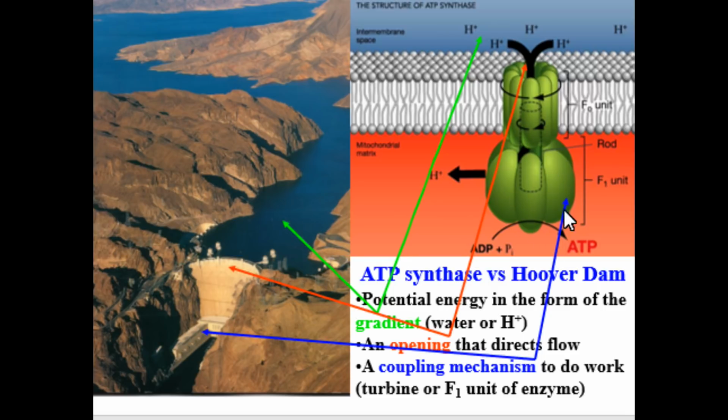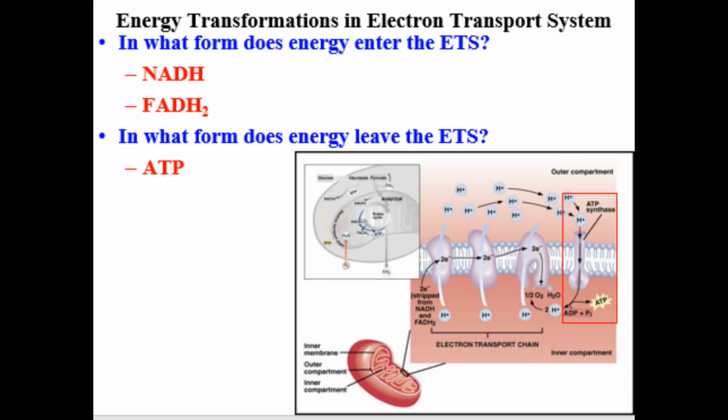Those protons turn this turbine and carry out this reaction, or they power this reaction, ADP plus inorganic phosphate, to make ATP. So in that way, this whole mechanism, this whole setup of high concentration on one side and low concentration on the other side, and some kind of a passageway, is similar to how we make electricity at these hydroelectric dams.